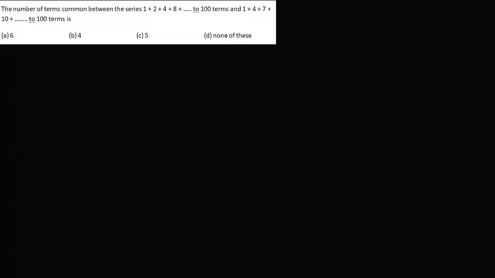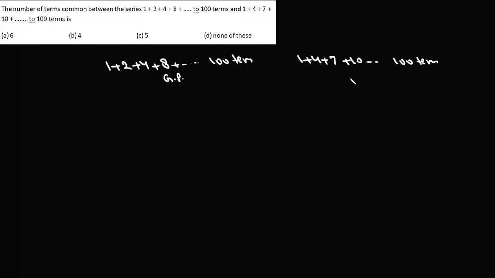Now here the question is the number of terms common between the series. Now we are given this series which is 1 plus 2 plus 4 plus 8 up to 100 terms, and 1 plus 4 plus 7 plus 10 up to 100 terms. Now the first series is a GP and the second series is an AP.